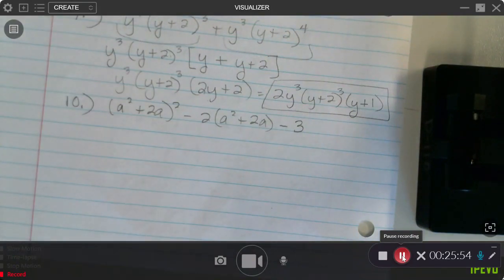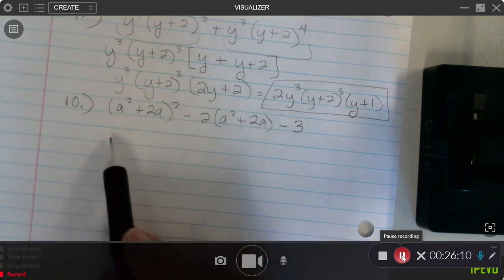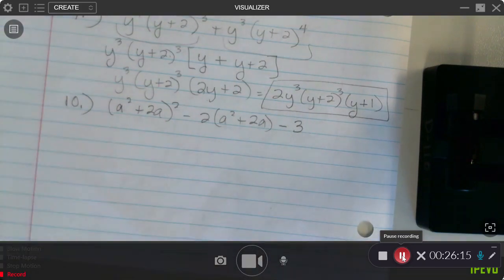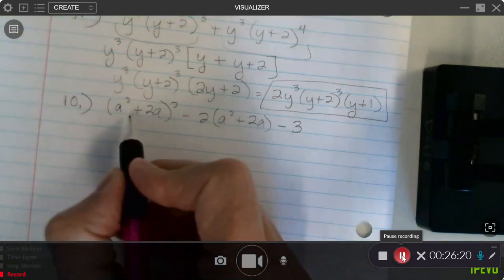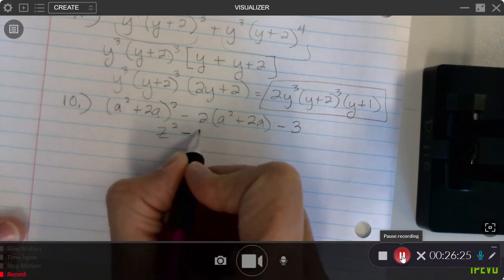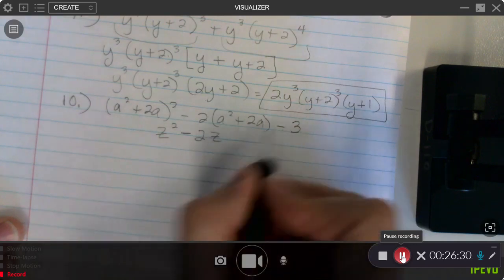So if you were faced with problem 10, what would your first thought be? Like you're thinking factoring it out. The problem is that little term right there doesn't have any. But we can still think of this as like a big Z squared minus 2 times Z minus 3.